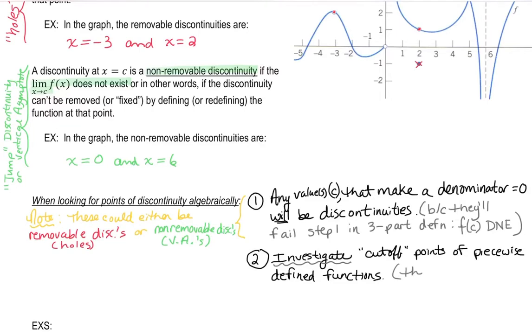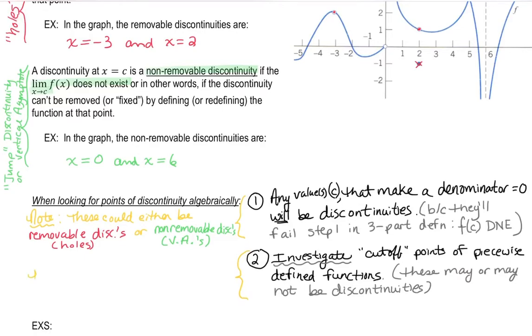So these may or may not be discontinuities. With piecewise defined functions, really anything can happen here. What this means is that we're just going to have to investigate carefully with our 3-part definition.